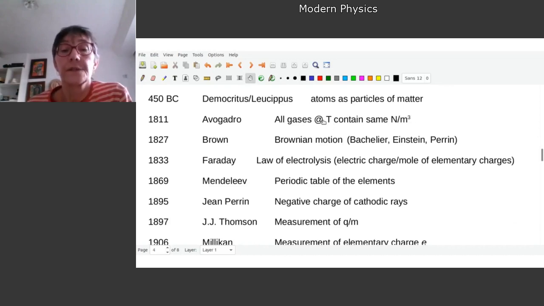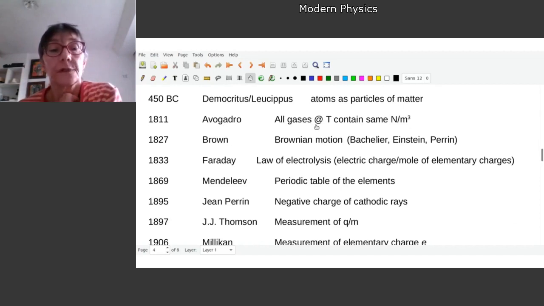And we know this is the number of Avogadro, we will use it after, which is of the order of 10 to the 23 atoms or particles for one quantity of 1 mole, okay.